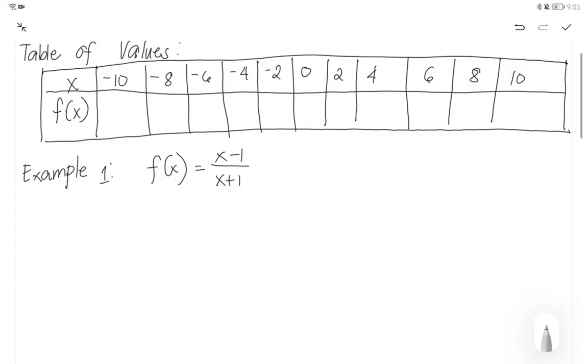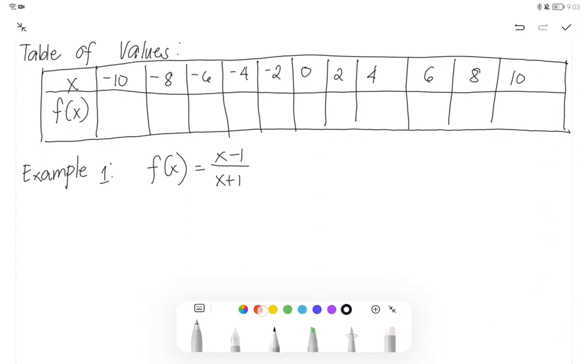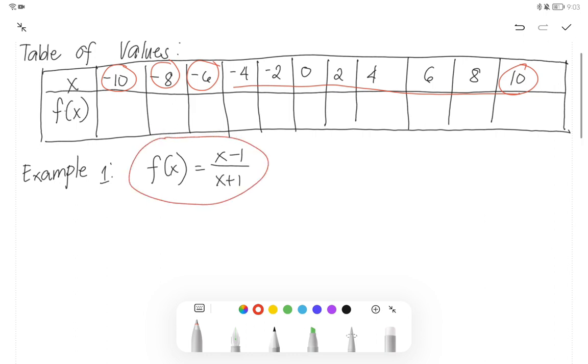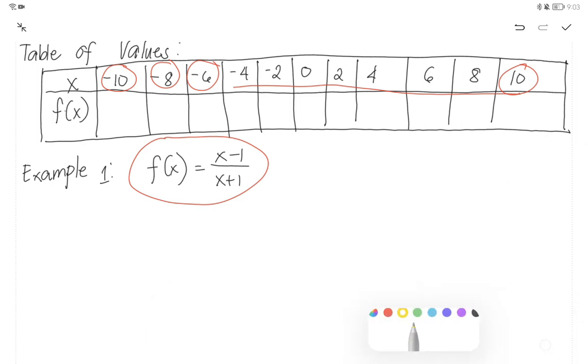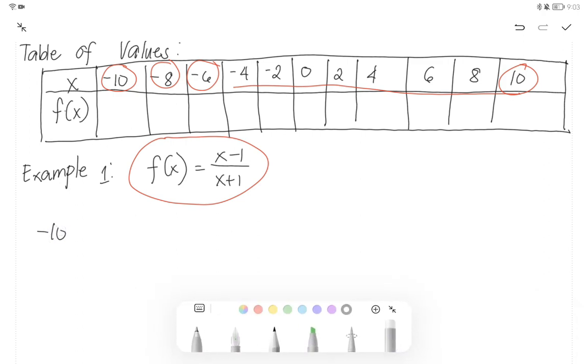Let's complete the table of values by substituting these x values. So let's start with negative 10. X is equal to negative 10.